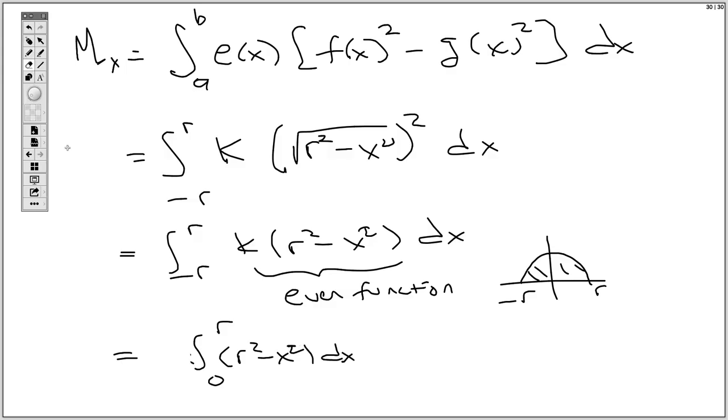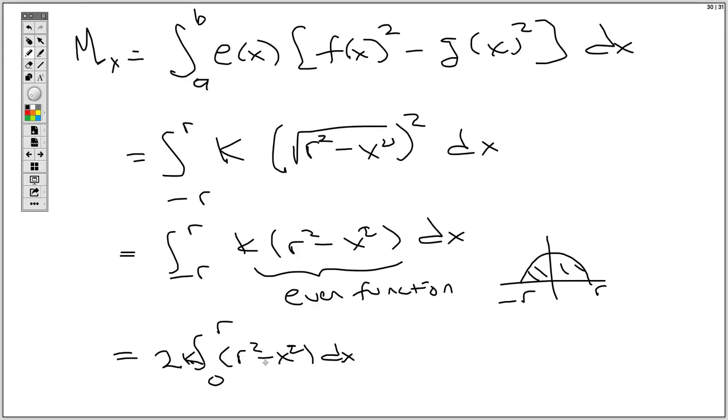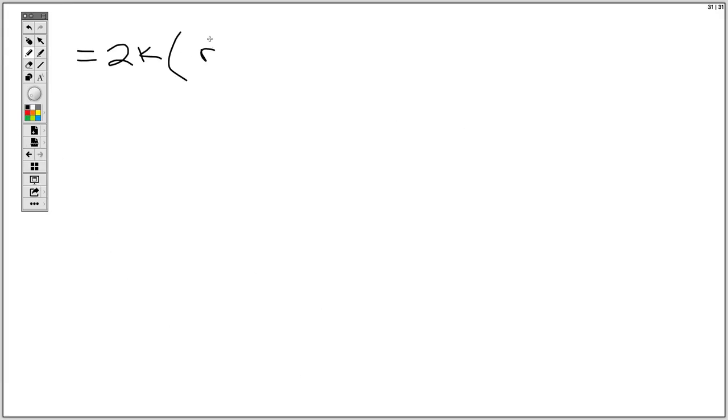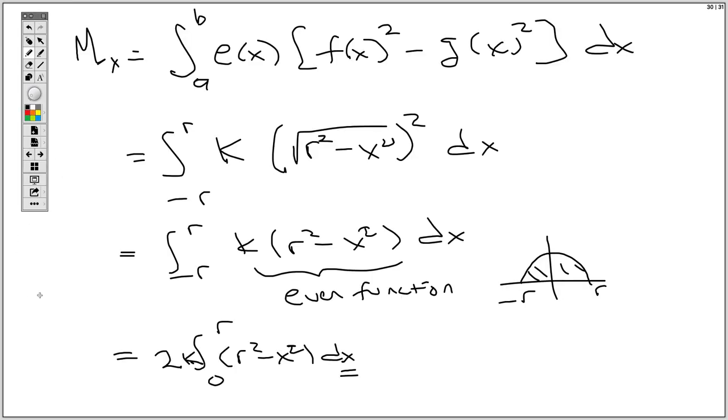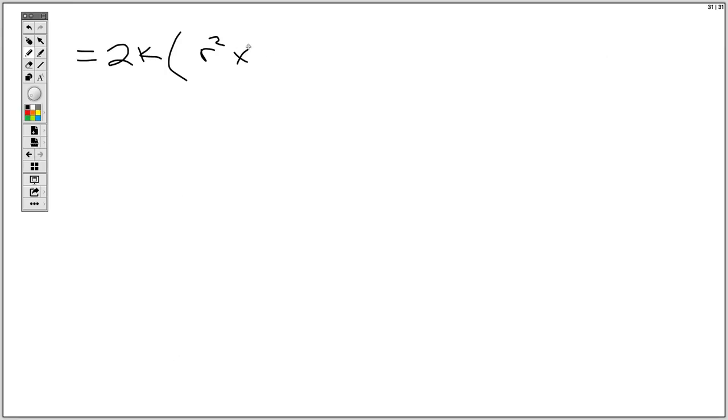So I'll pull the k out front, double it. Make sense? And so I get 2k times the integral. I'm integrating with respect to x. R is a constant, so that's just going to give me r squared x, minus 1/3 x cubed.